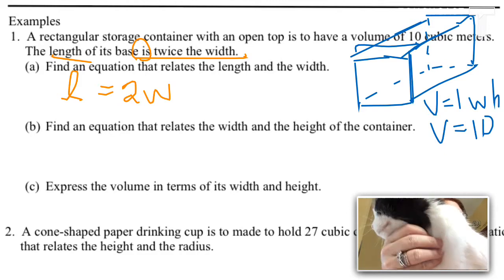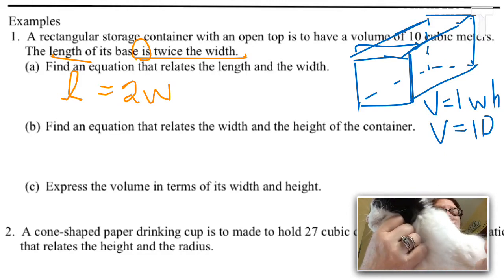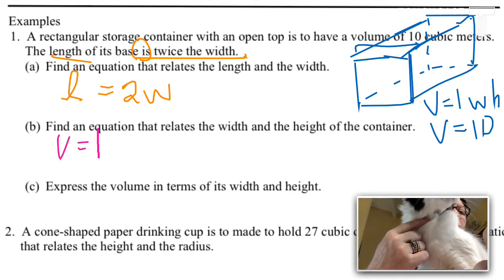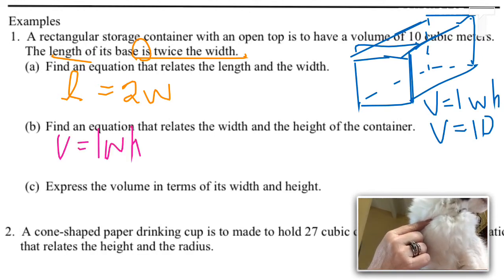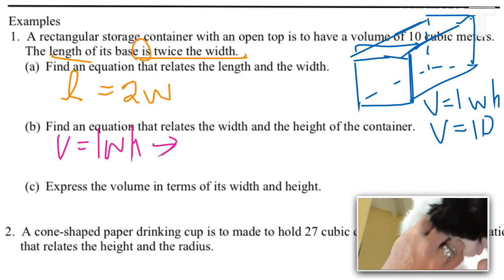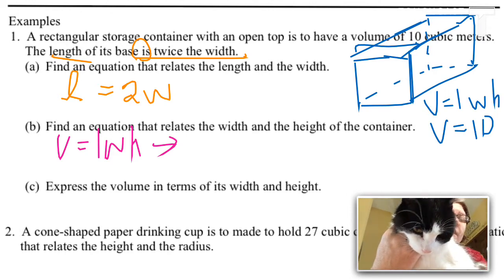So on the next piece, part B, they want an equation that relates width and height. So of course I know that volume equals LWH, which means now I have a substitute for L, and I also have a substitute for volume.